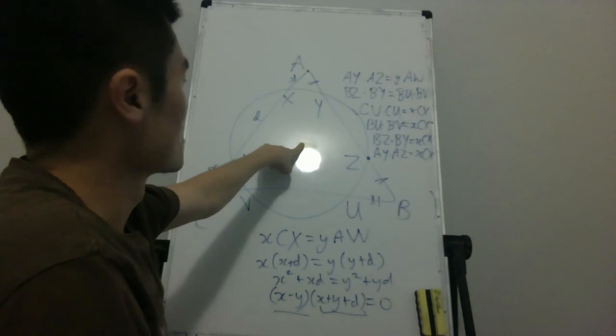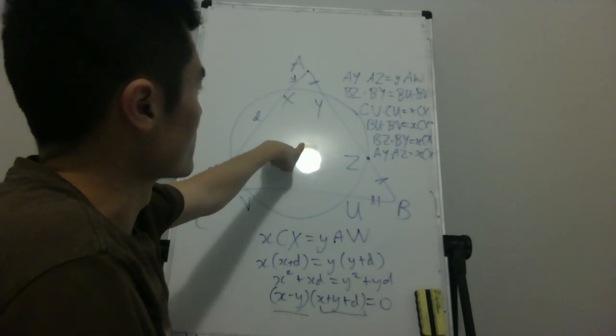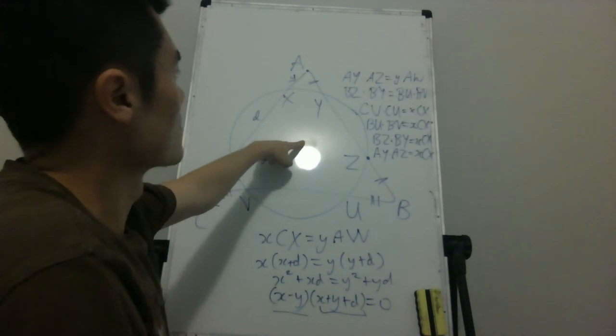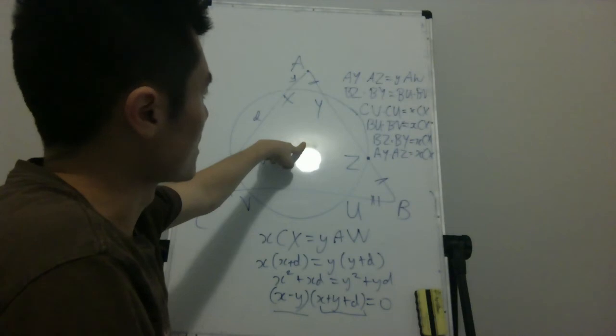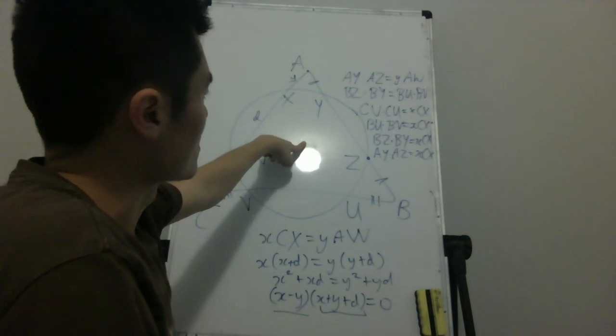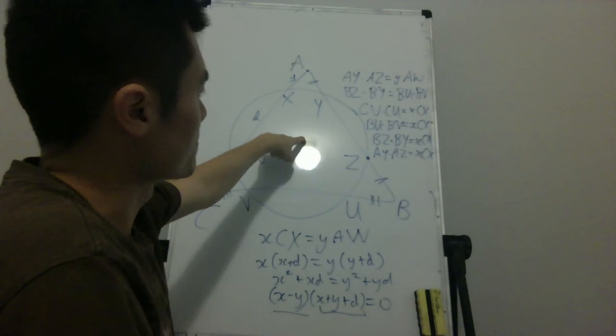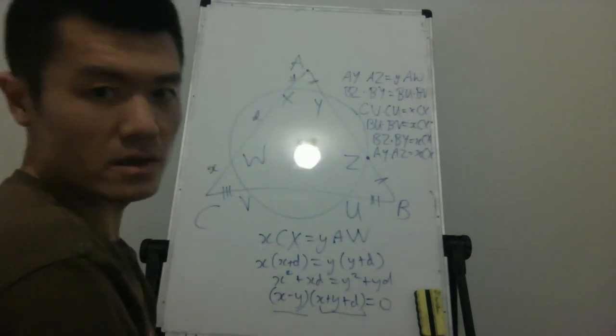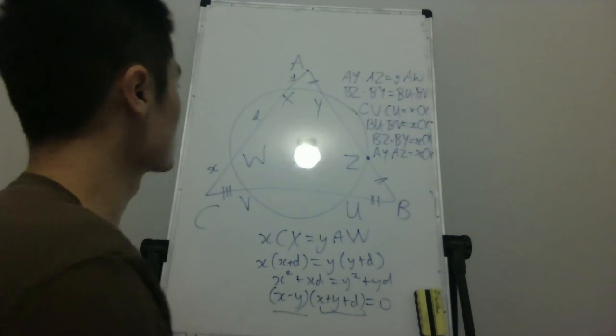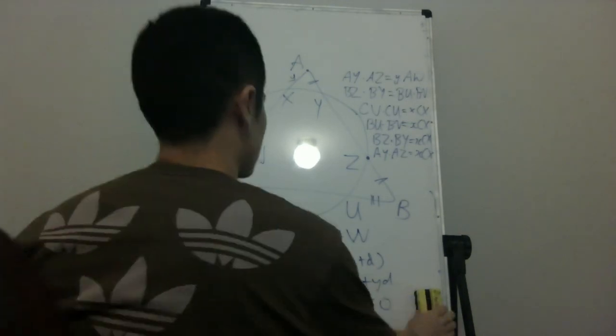So that's kind of interesting because it gives you another perspective on the problem. So now it might have something to do with the circle. And if you look at it, let me just erase this.